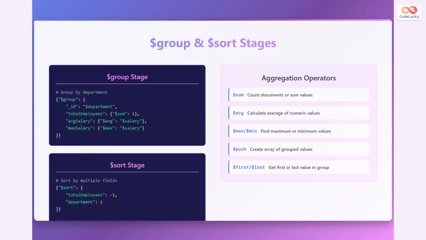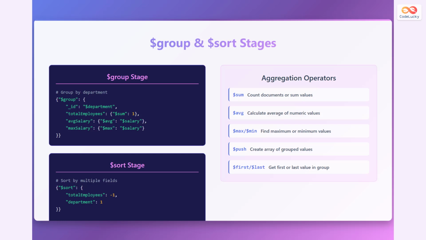The $group and $sort stages are essential for summarizing and ordering data in the aggregation pipeline. The $group stage groups documents based on a specified field, allowing you to perform aggregate calculations. For example, you can group documents by department and calculate the total number of employees, the average salary, and the maximum salary for each department.